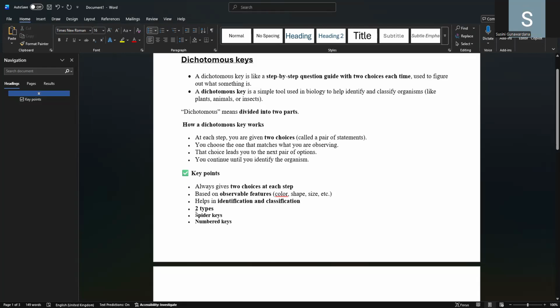Okay, so there are two types: spider keys and numbered keys.